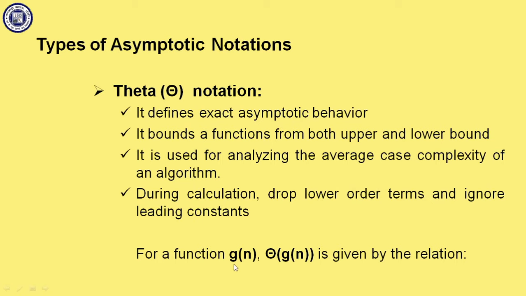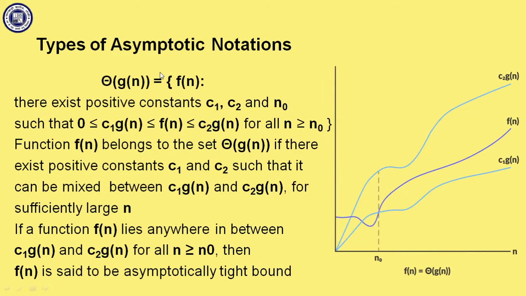So let us consider a function g of n. Then theta of g of n is given by a relation: theta of g of n is equal to f of n, where there exist positive constants c1, c2 and n0.